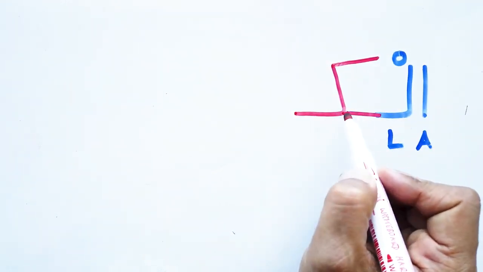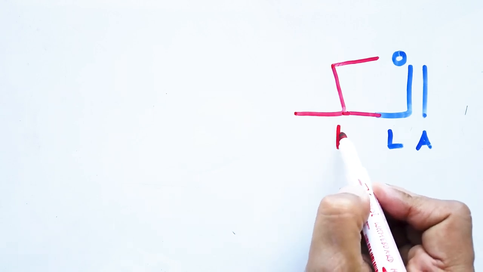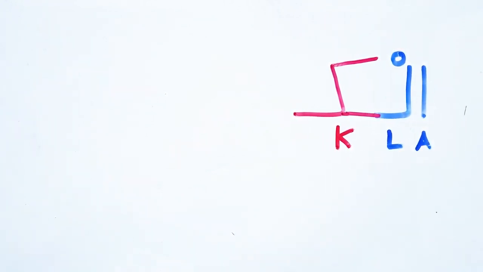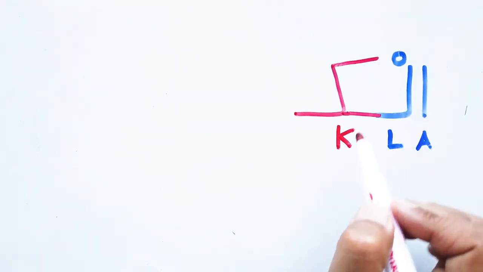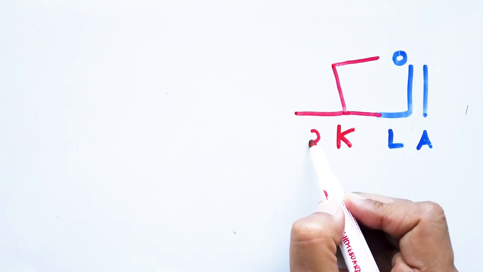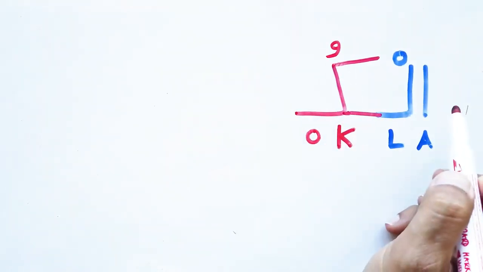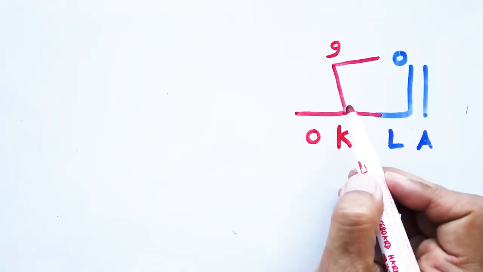This letter sounds like letter K in English. K. But I say what? Al-Ku. There's sound of O. Ku. Okay. Let's add here O. So this O is this mark on the top. Dhamma. Al-Ku.